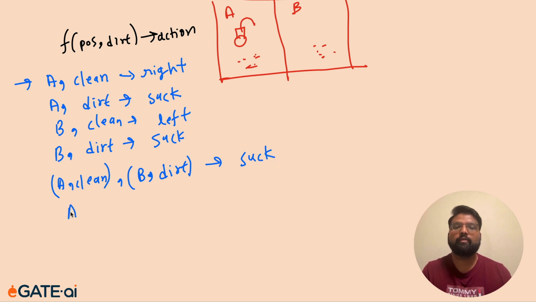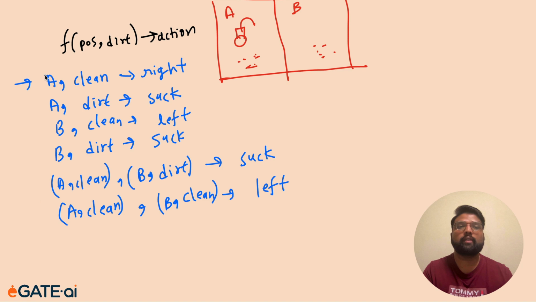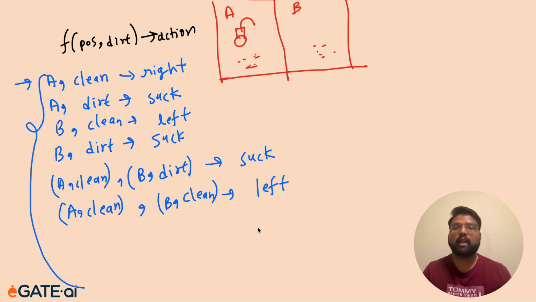Or suppose the first percept was the same, and when it goes to the second block, that is also clean, now it will move to the left block. So basically we have to write the table having all possible percept sequences and the corresponding action for each sequence.